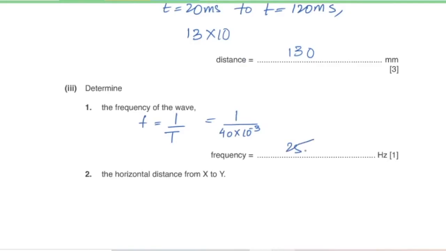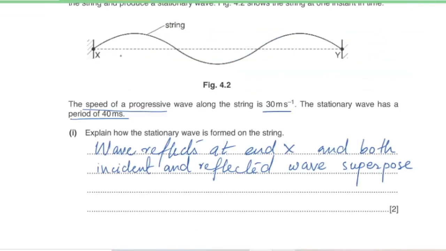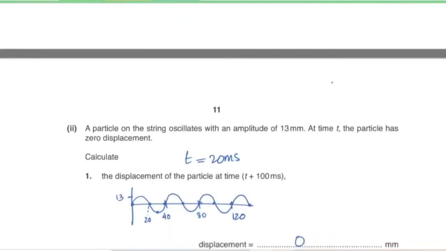The horizontal distance from X to Y. So from X until here, we have got one complete wavelength of a wave, and from here until here, we have got half of a wavelength. So first we need to find what the wavelength of this waveform is.